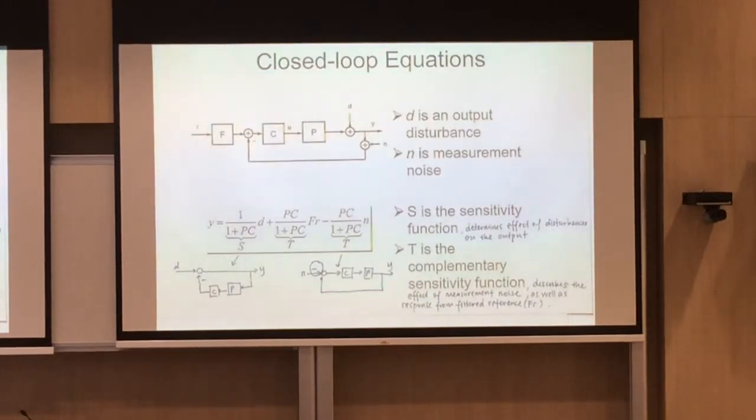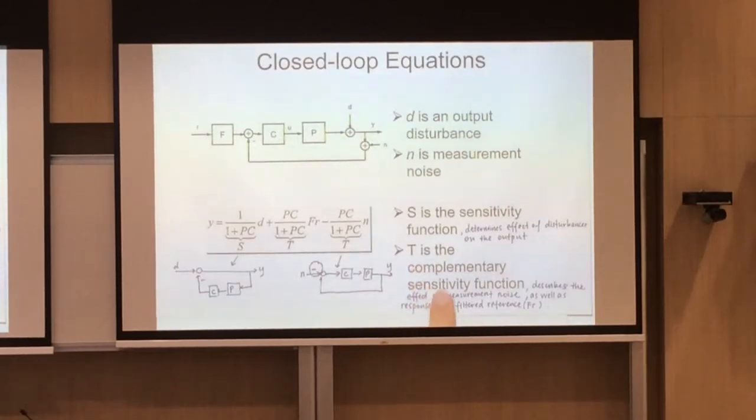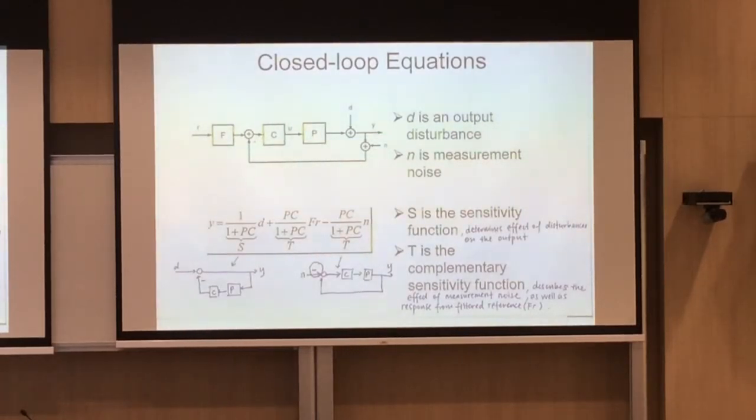Amplified. And T is the complementary sensitivity function. It describes the effect of measurement noise as well as response from the filter reference, because you see T here on the measurement noise end, and also T on the filter reference.